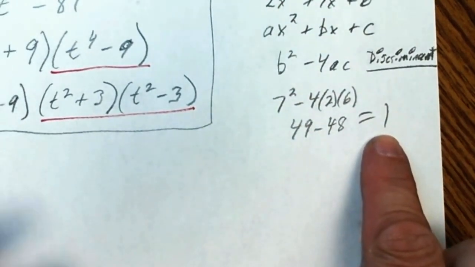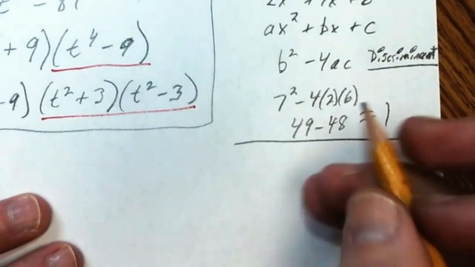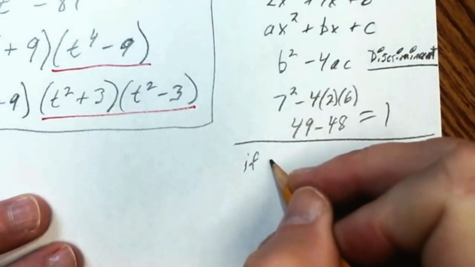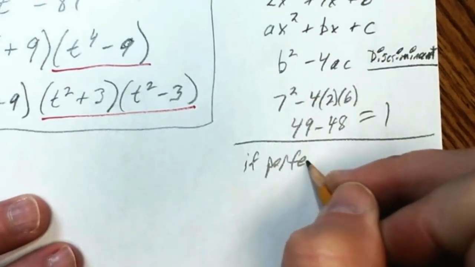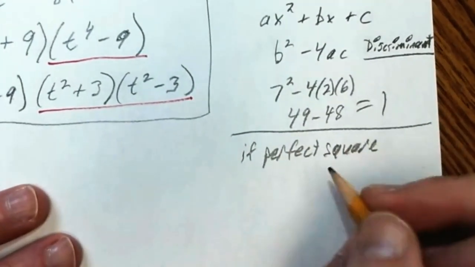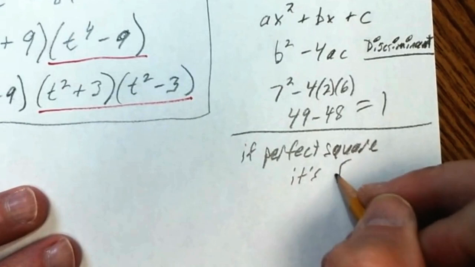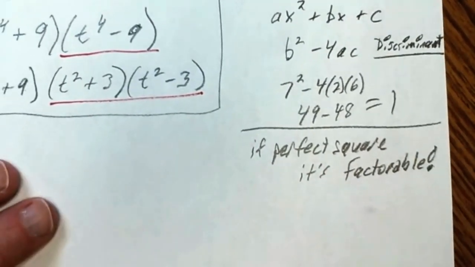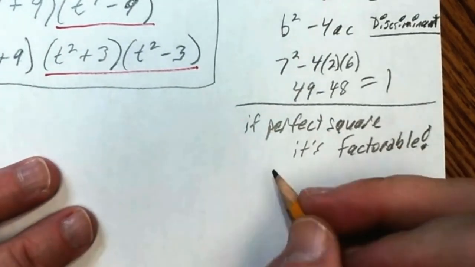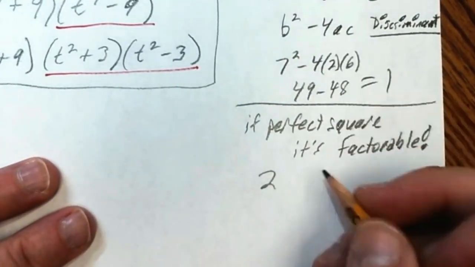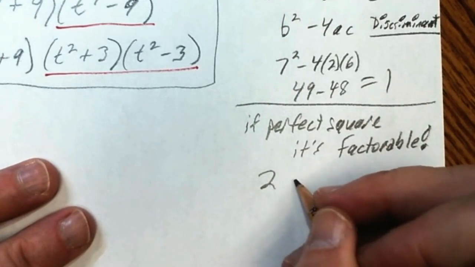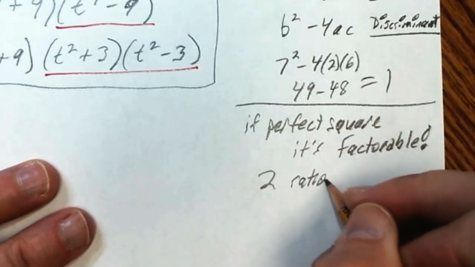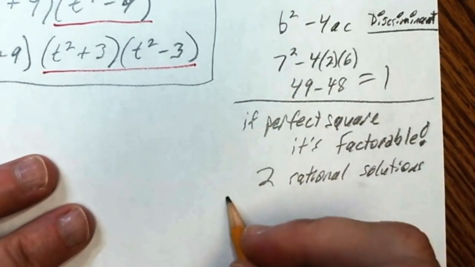Is this a perfect square? Yes. If it's a perfect square, it's factorable. That means we can factor it because it's going to have 2 rational solutions.